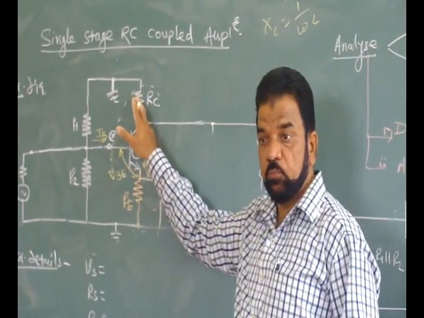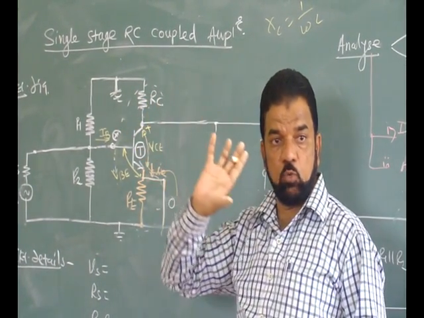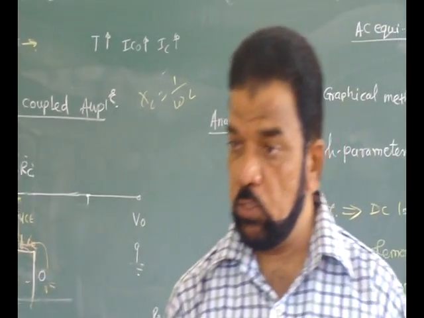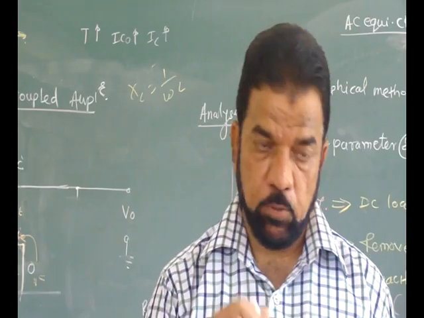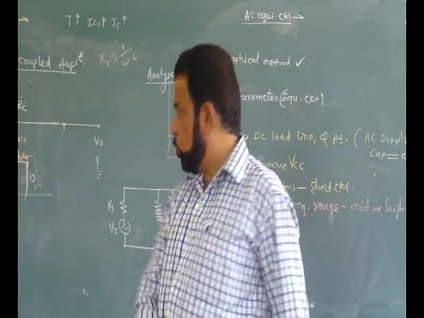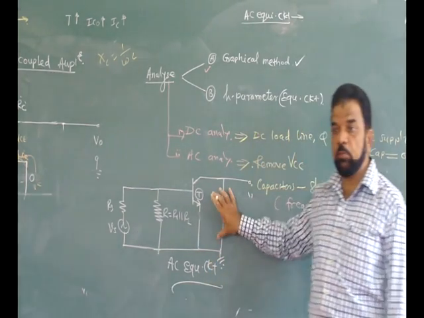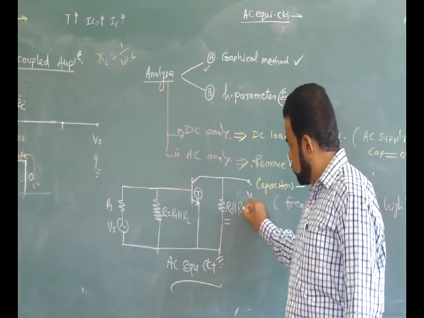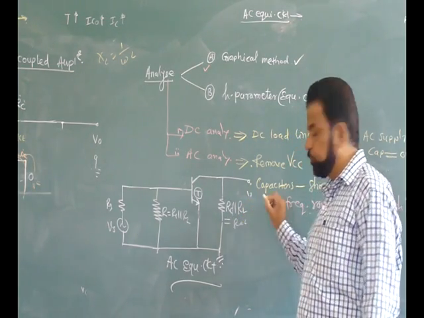That's why the description of RC, if you recall, is collector load resistance. In the absence of external load, it will act as the load resistance, because in that case the voltage is coming across RC. So you should know the basic thing there. So this is RE, this is RC.